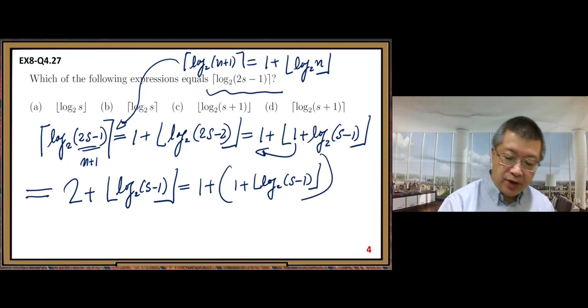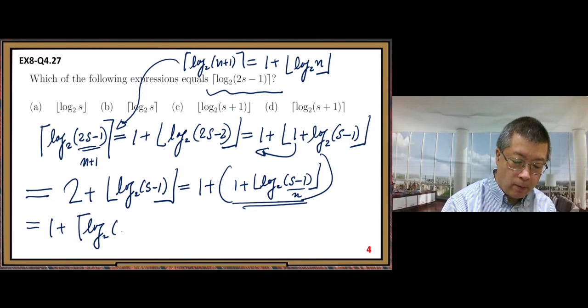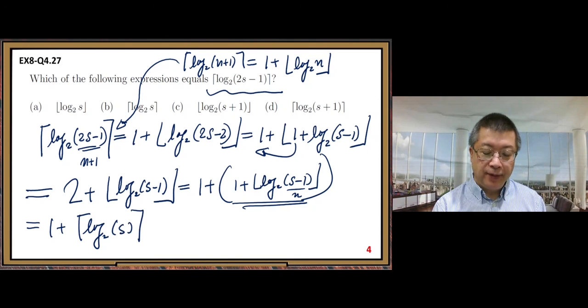Go back to the ceiling function. So that's the new n. So 1 plus s, this time s. Okay, 1 plus s.